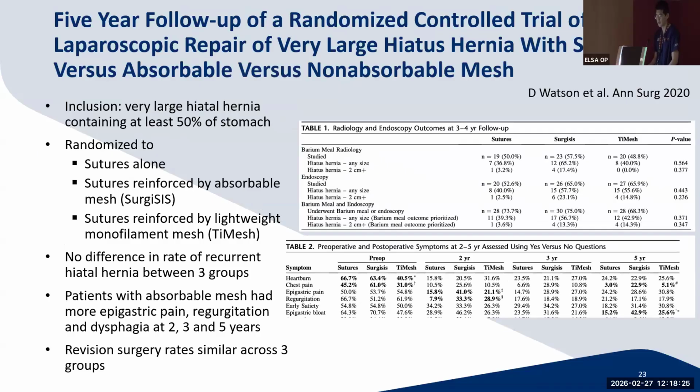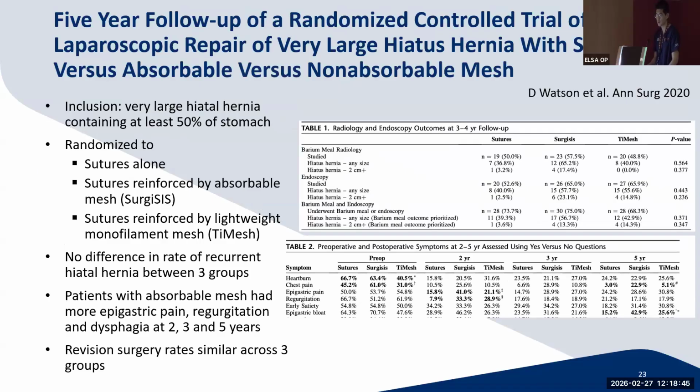Yeah, so again, very similar literature. When we have 3-way randomization into sutures or absorbable mesh or permanent mesh, there's again no difference in the rate of recurrence between the 3 groups.